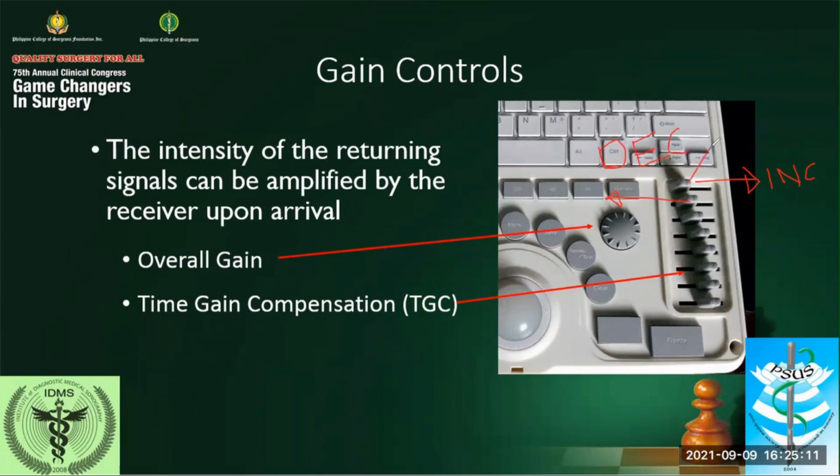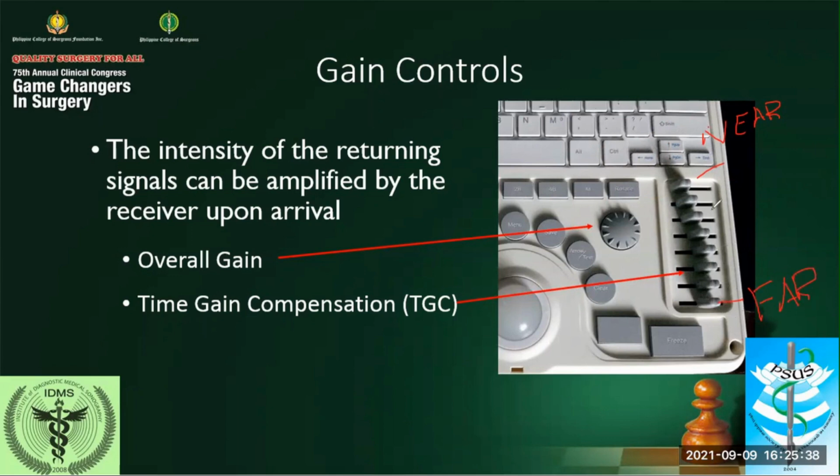So, the TGC: the top slider represents the near area, or near gain, while the bottom slider represents the far area, or the far gain.